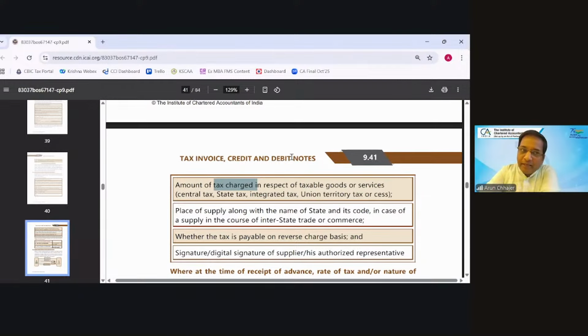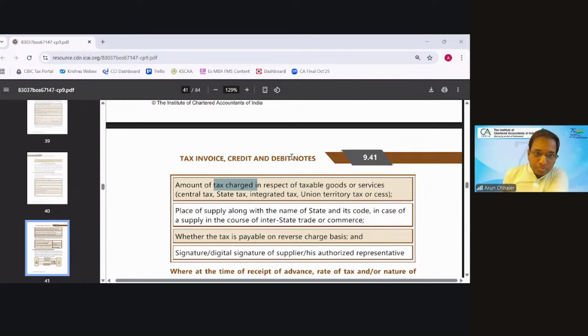Whether my recipient would be able to take the ITC on the basis of the receipt voucher? The answer is no. Why no? Because the receipt voucher is not the tax invoice. Second, it will never appear in the GSTR 2B.